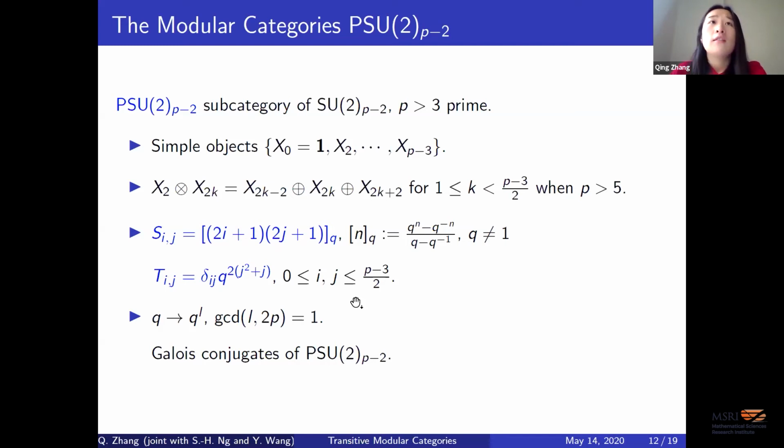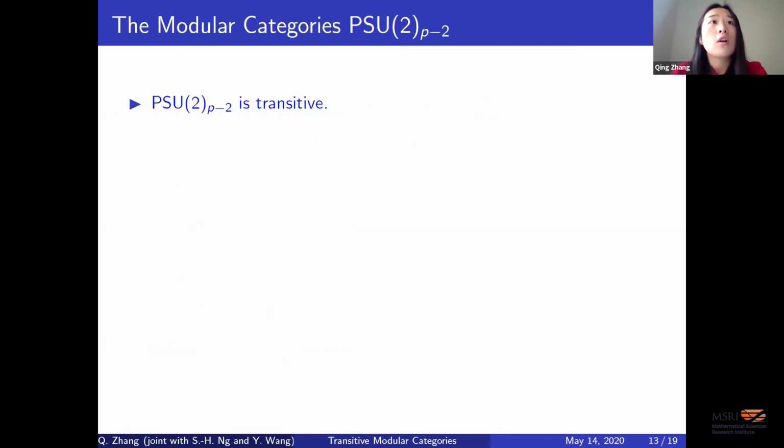It turns out this modular category in general is transitive. To see why it is transitive, we can first look at S_ij over S_0j, which is this quantum integer. And notice here, we change the root to q to the power of 2j plus 1. To check it is transitive, it suffices to check that j lies in the orbit of 0.